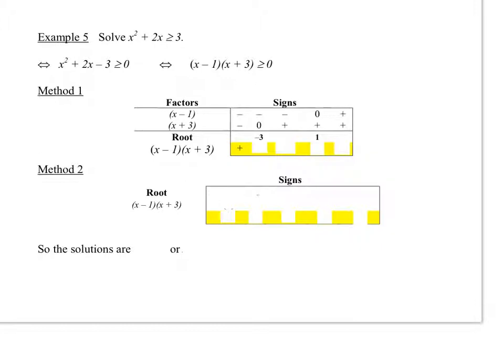If we multiply negative times 0, any number times 0 is going to give us 0. A negative times a plus is going to give us a negative. If we do 0 times any positive number, 0 times anything, again, is going to be 0. And if we do a positive times a positive, then what we get is a positive.